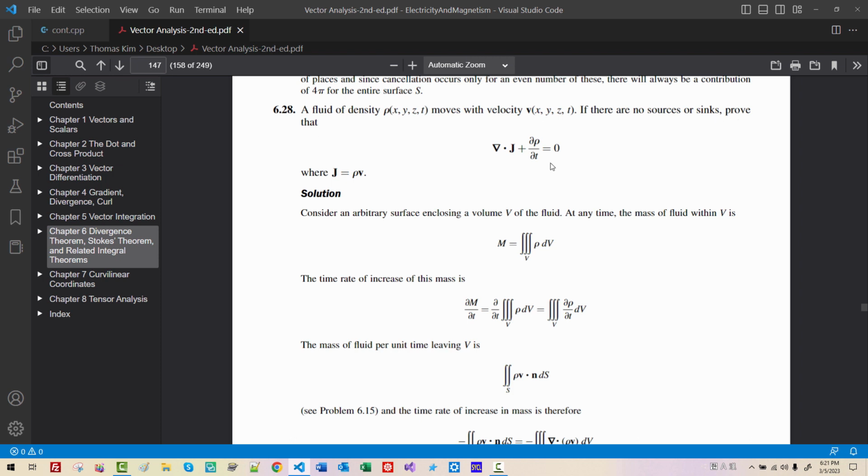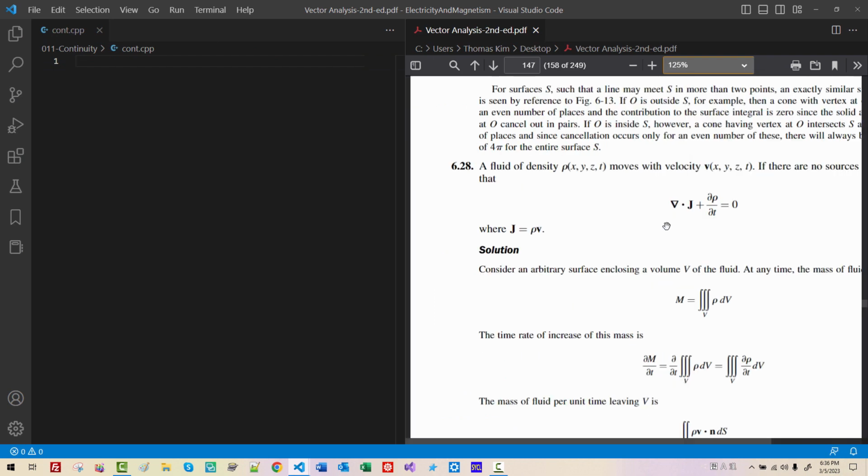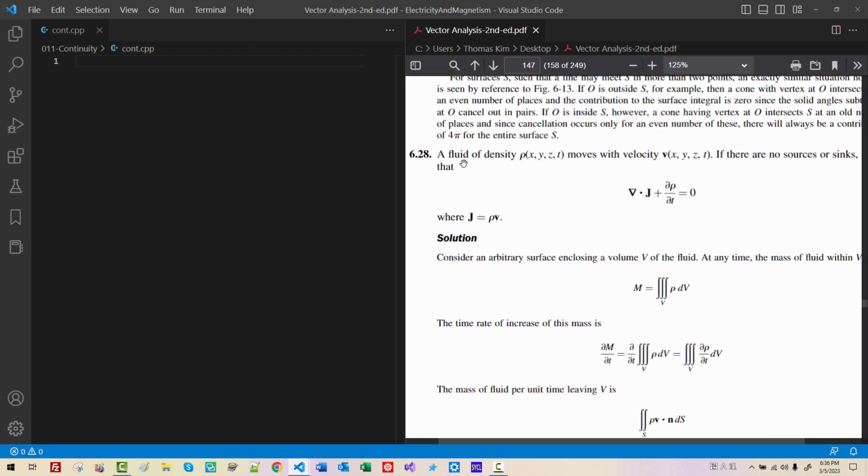Prove the continuity equation where J equals ρ v. I will arrange like this. Of course, we are not interested in a fluid of density. We are interested in a flow of charge density or electric current. In this equation, J equals ρ v. We will learn what is J.